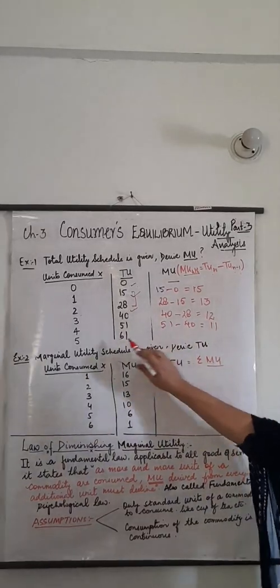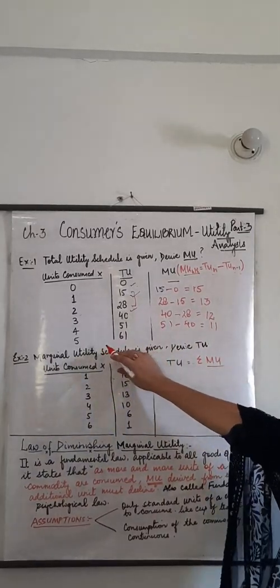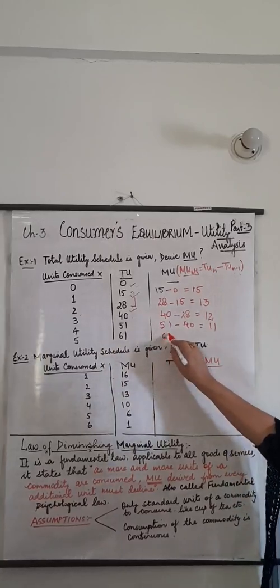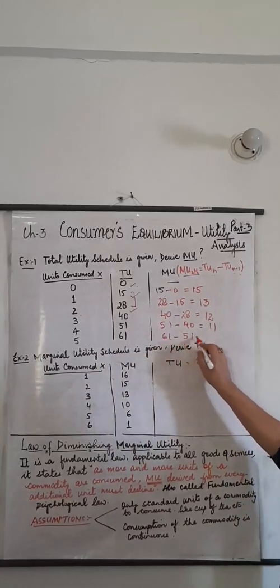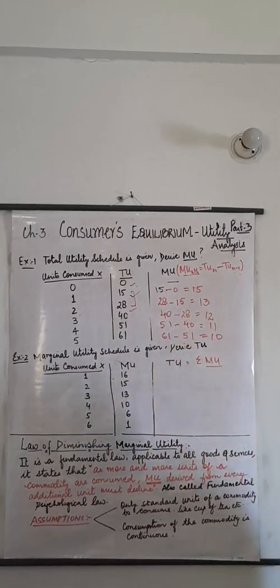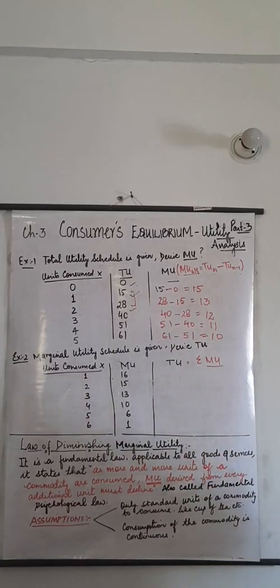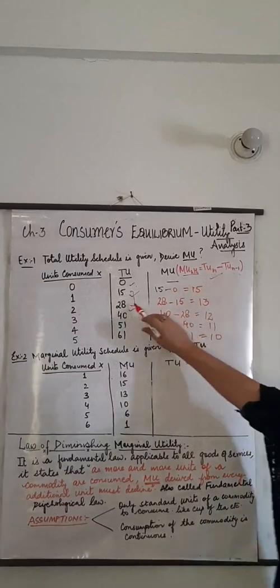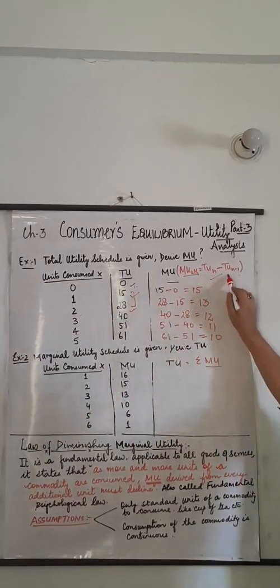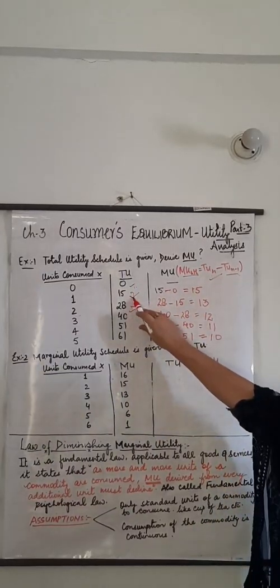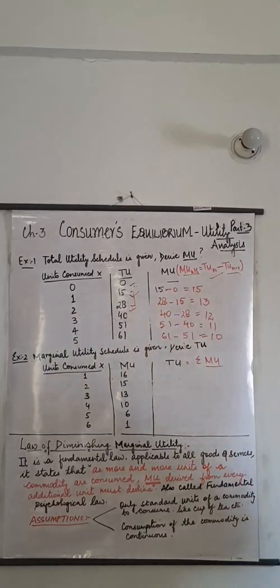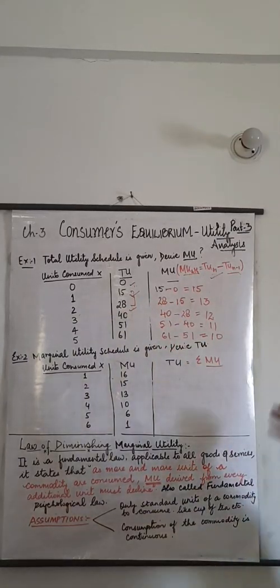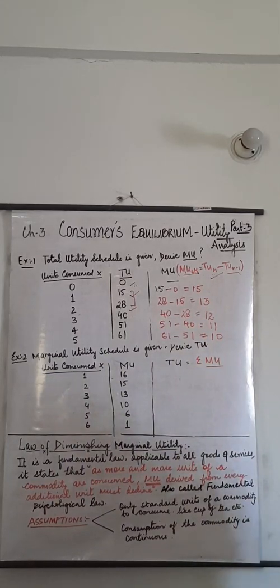Then last, at the fifth commodity consumed, TU is 61 minus 51, it is 10. So you can easily do it as the formula says TUn minus TUn minus 1. TUn is the current one, and the prior one is deducted from it. A very simple formula through which you can calculate your marginal utility.